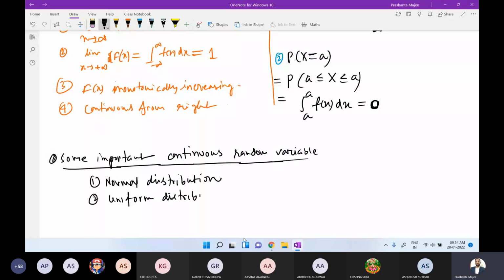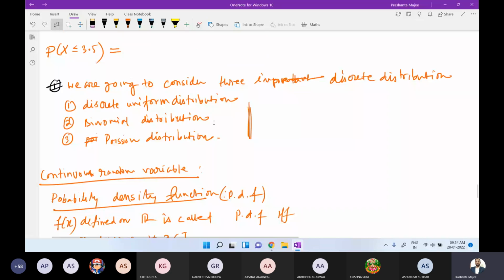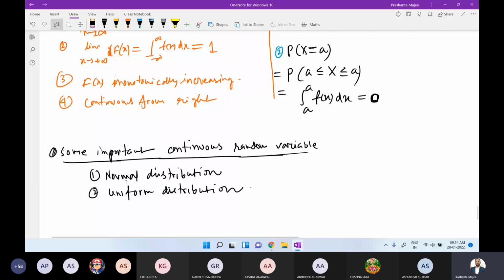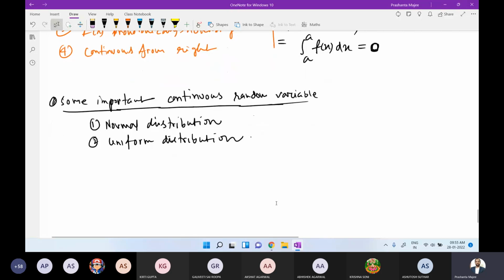So these are the three discrete random variables and two continuous random variables. The discrete ones were the discrete uniform distribution, the binomial distribution, and the Poisson distribution. Here in the continuous case we have the normal distribution and the uniform distribution. We are going to consider these five in detail. I will not be doing all the calculations. Sometimes I will leave it up to you.